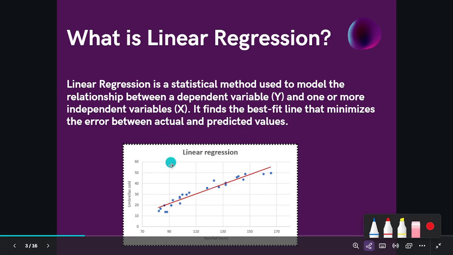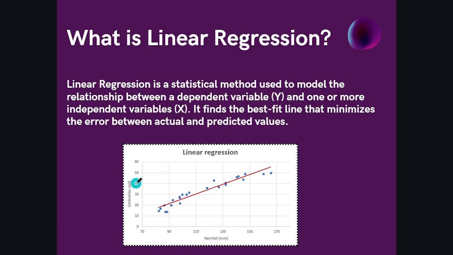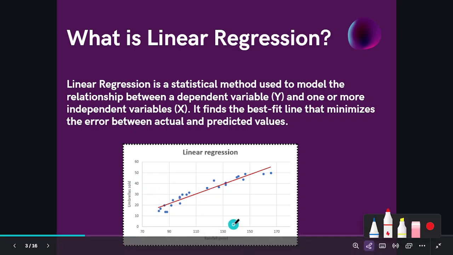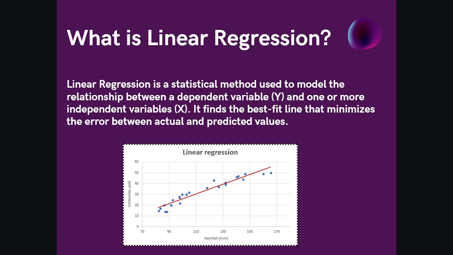In this particular graph we can see that there are some blue dots and one red line, and we have two parameters, that means two variables. First is umbrellas sold, how many umbrellas are sold, and the second parameter is rainfall.